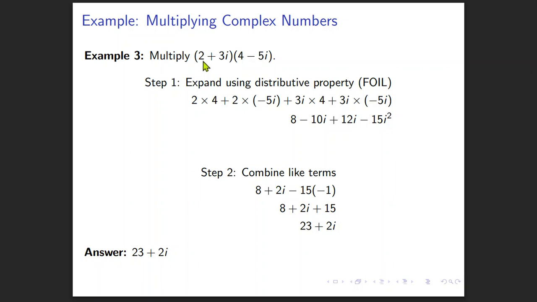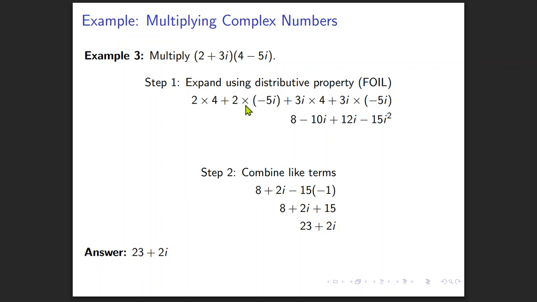I will multiply this bracket by 2 and also multiply this bracket by 3i. That's what is happening.